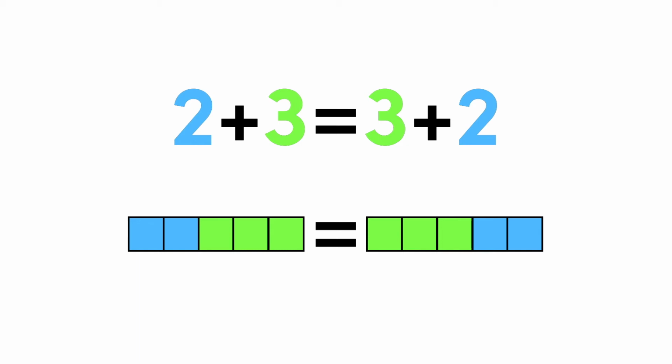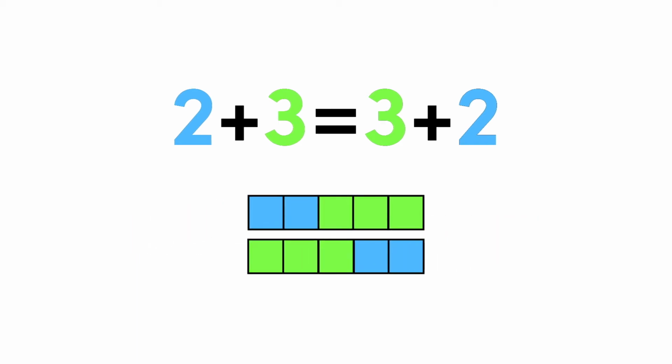Now, if you look at these two shapes, it's clear that they are the same size. In fact, if we put them next to each other, it's even more clear. So this expression 2 plus 3 equals 3 plus 2 is correct. We can see it. It's just like one side is flipped around. It's like you flipped one of the figures around.